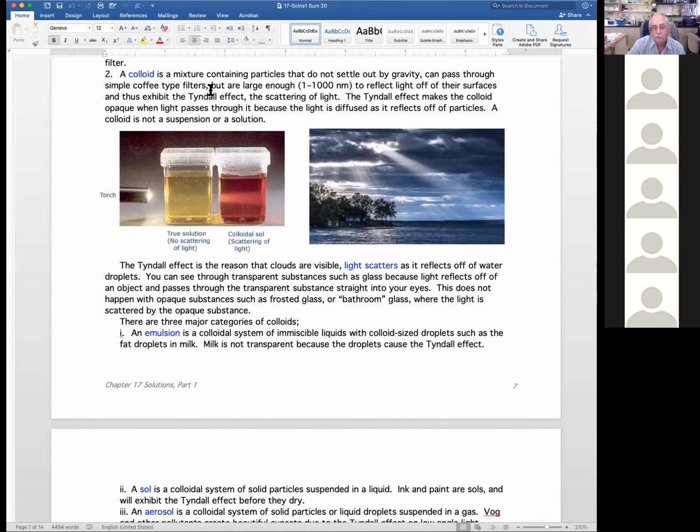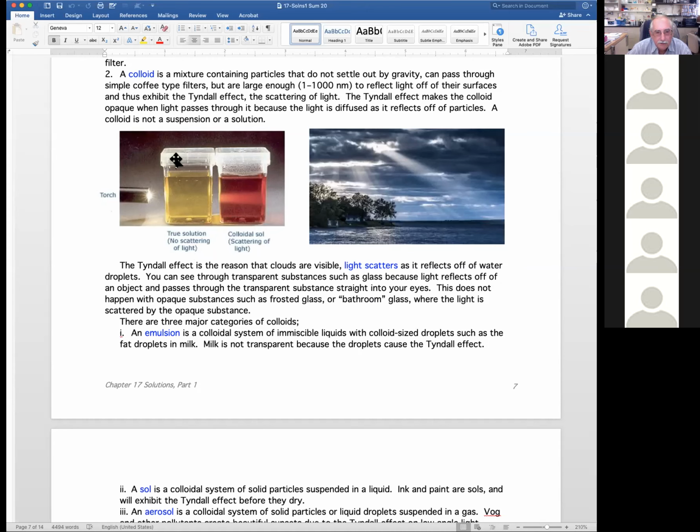So think about milk, for example. If you pour milk through a coffee filter, isn't it still white? Isn't it still opaque? So it's a colloid. And you could theoretically make the particles of the colloid centrifuge down or use a different, more precise filter. But what does it mean, the Tyndall effect? This is a pretty good visual right here. It's not the best, but here's a true solution.